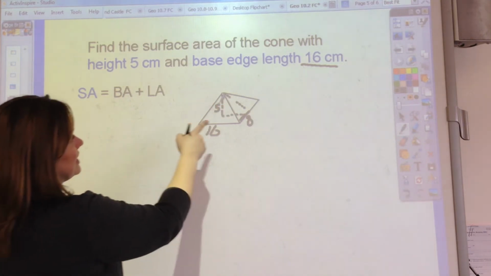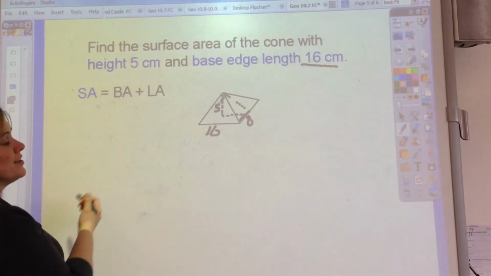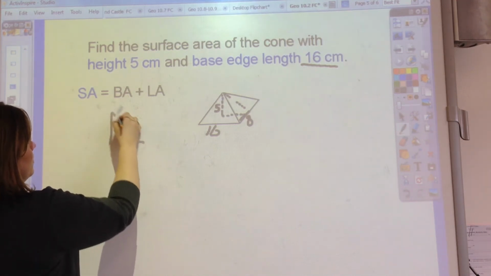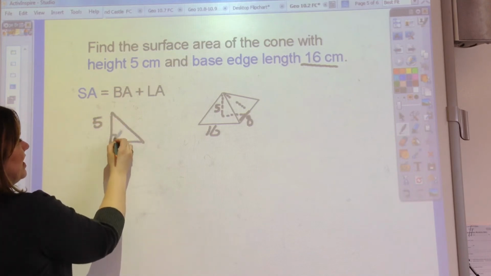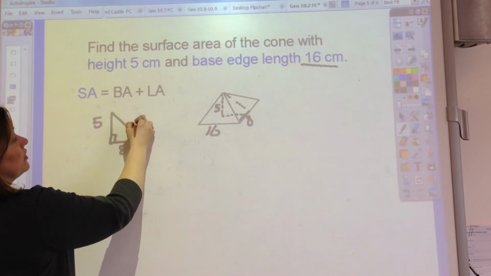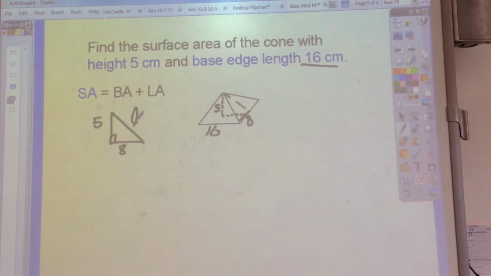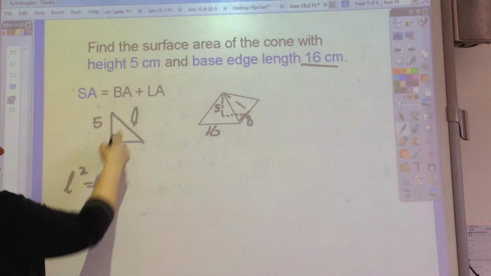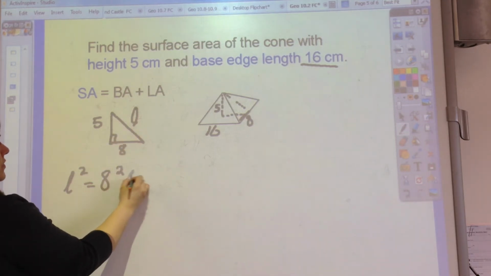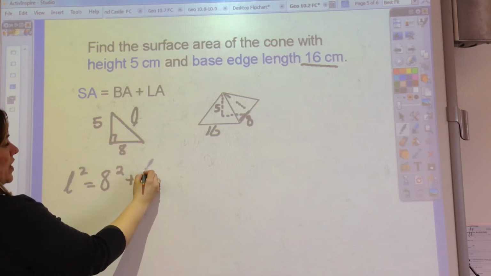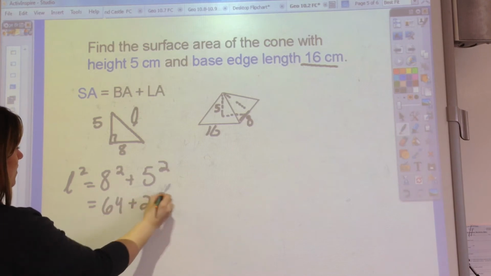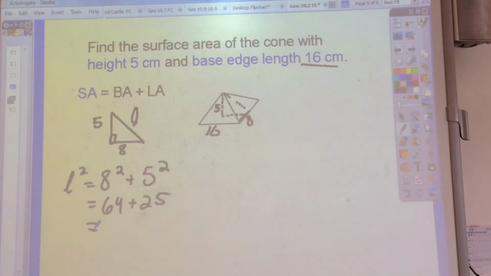So here you can see that it makes a sort of triangle where you have a height of 5, a base of 8, and you are looking again for your slant height. So I'm going to set up slant height as my hypotenuse equals my 8 squared plus 5 squared. Now I get 64 plus 25. And when I add those together, I get 89.